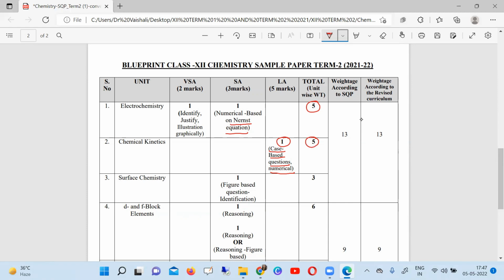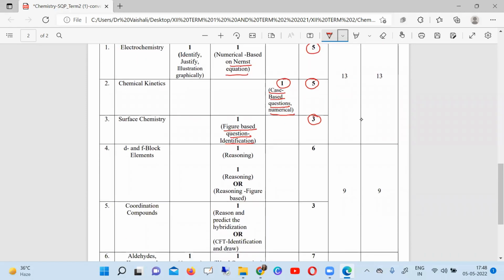Now the next chapter is surface chemistry. There is only 1 question, a 3-marker, and it is a figure-based question on identification. So the total weightage is 3 marks. In the d and f block elements chapter, there are a total of 2 questions, each of 3 marks.